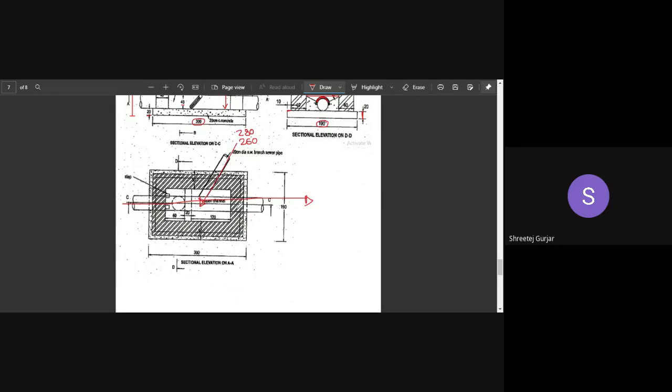So wherever we have a junction, we have to provide a manhole. That is why they have provided a manhole over here. If you have any doubts, please let me know, and if it is clear also, please let me know in the chat.